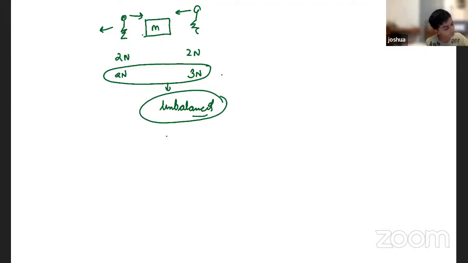What happens when the two opposite forces acting on the brick are of different magnitudes? In this case, the brick would begin to move in the direction of greater force. Such forces are called unbalanced forces. Unbalanced forces acting on an object may change its state of rest or motion. So I hope you understood the difference between the balanced force and the unbalanced force.